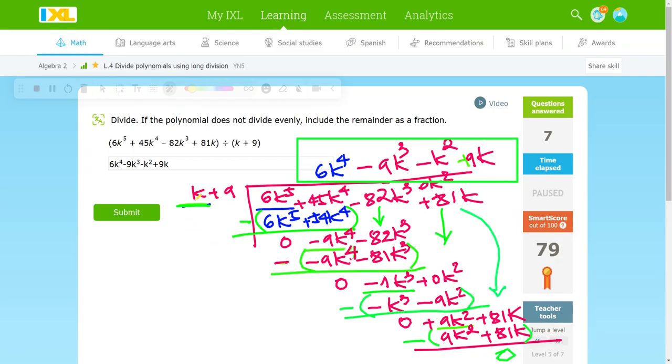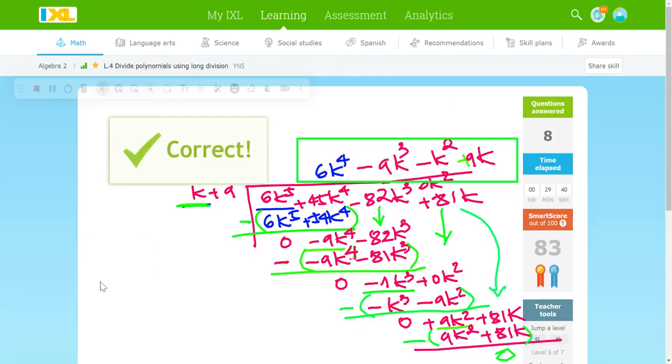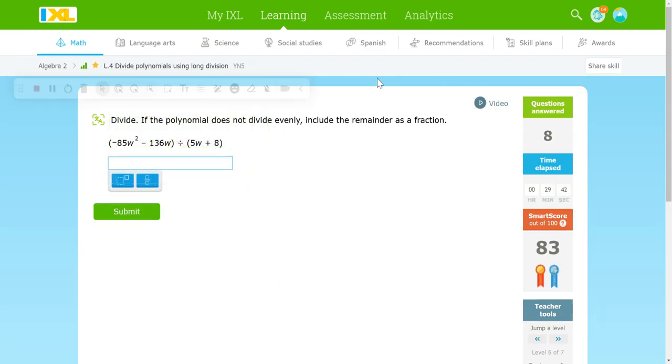Negative k squared divided by k becomes negative k squared. Multiply them back, negative 9k squared. Subtract becomes plus. Now I can move down 81k. 9k times 9 is 81k. That's it. We should be correct. Submit. Voila, it said correct.